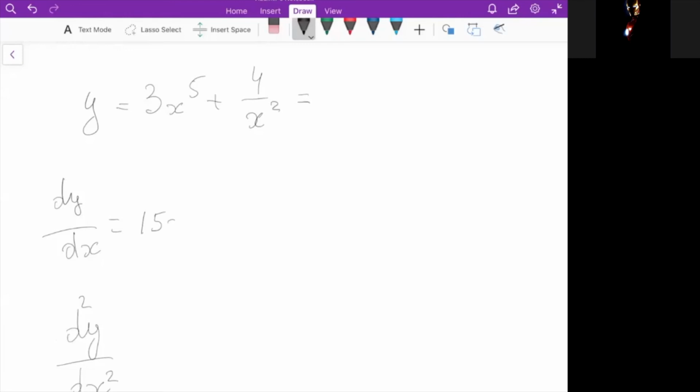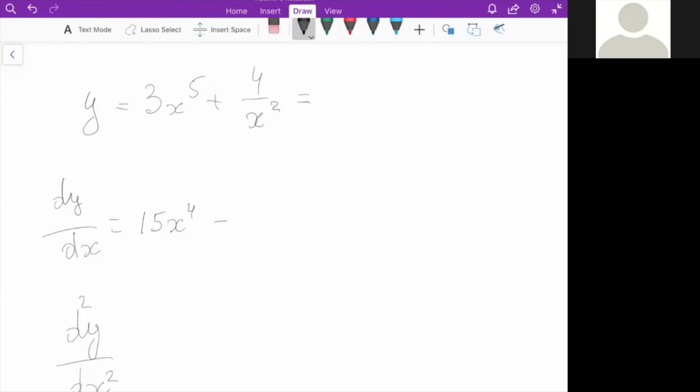Yes, good. And then we have this bit, 4 divided by x squared. I'll try to rearrange it a little bit so that you can find the derivative. It will be minus 8. Actually, plus 8x minus 3. Well, you were right first time, minus.